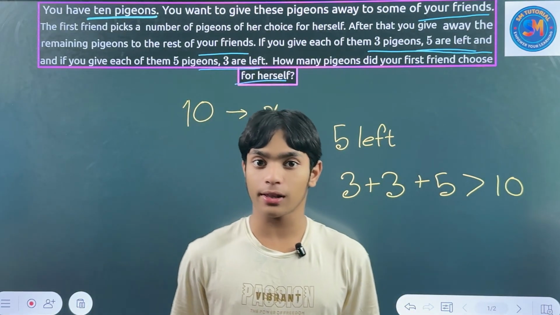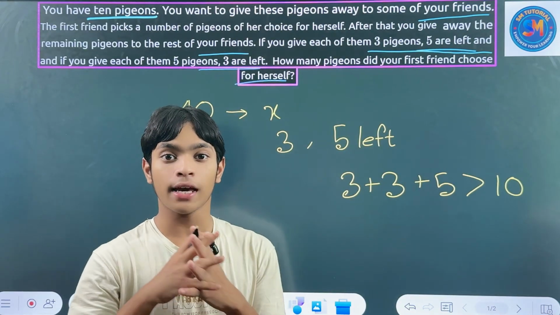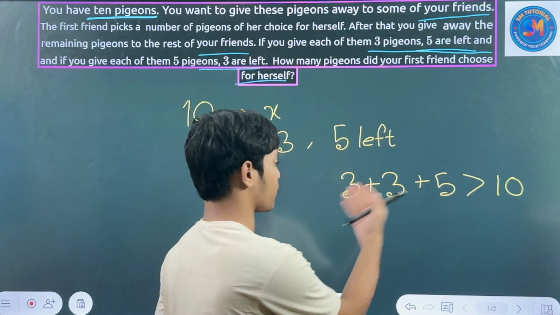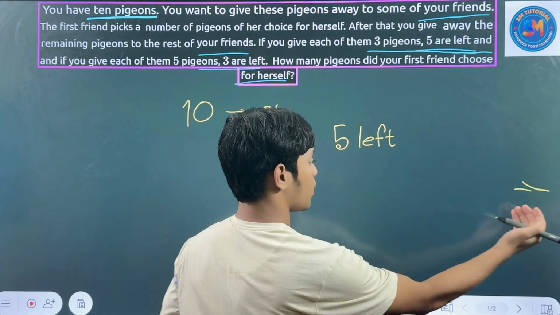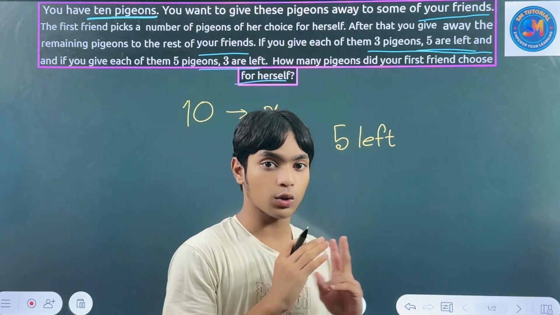How will you give them 11? This is not possible because you have only 10 peasants, and the first friend already took some. So this is not a valid solution. That means there are a total of 2 friends.